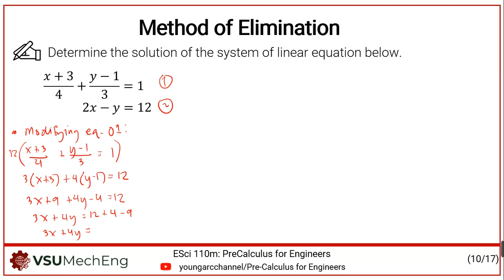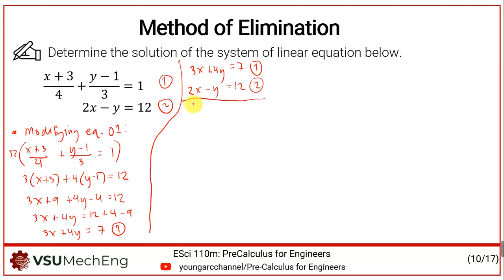That will give you 7. So this is now the modified form of our equation 1. Equation 1: 3x plus 4y is equal to 7. Equation 2 is 2x minus y equals 12.